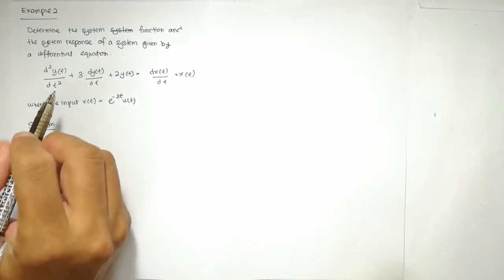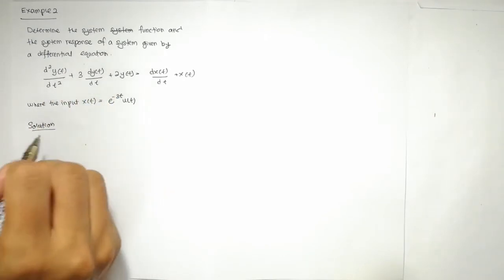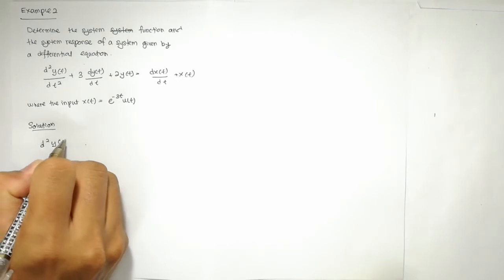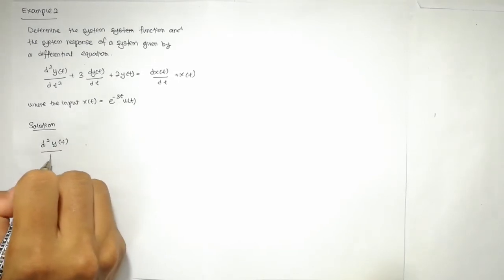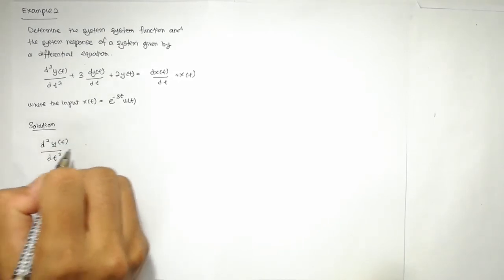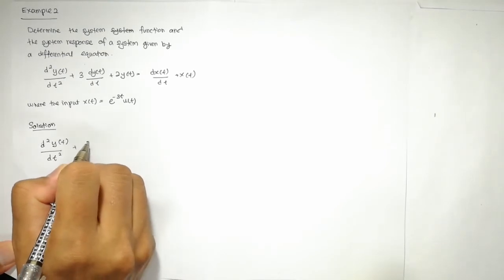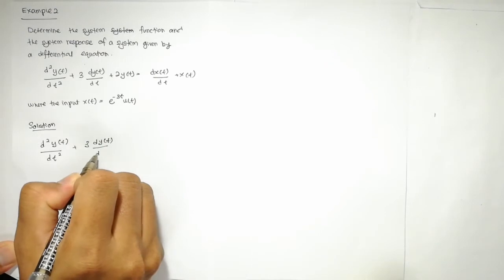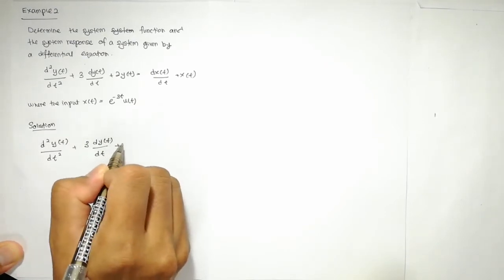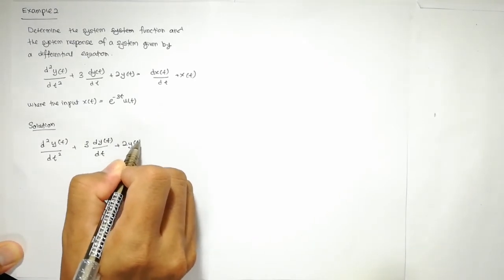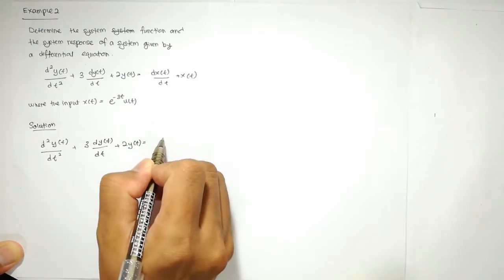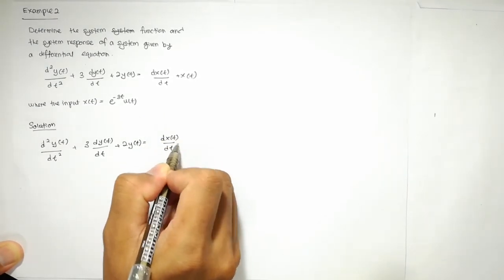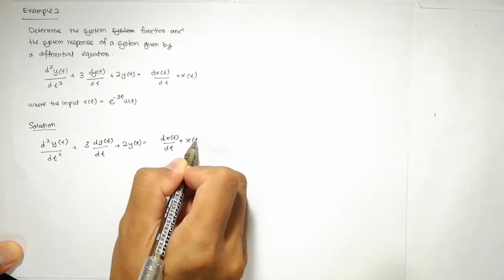Okay, so first we need to write this equation. So we have d squared y(t) divided by dt squared, plus 3 dy(t) over dt, plus 2y(t), and this will be equal to dx(t) over dt plus x(t).